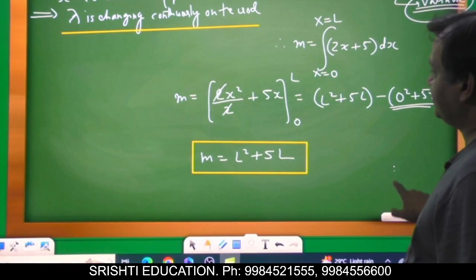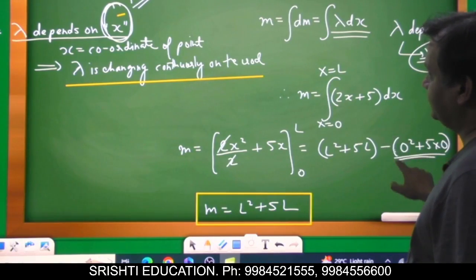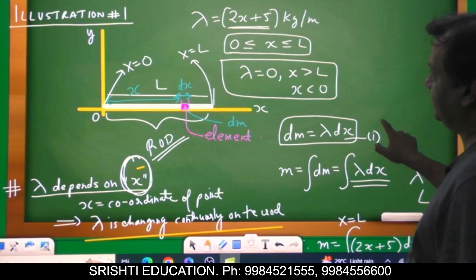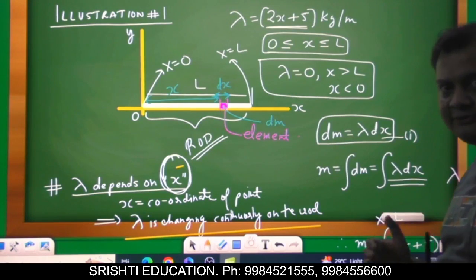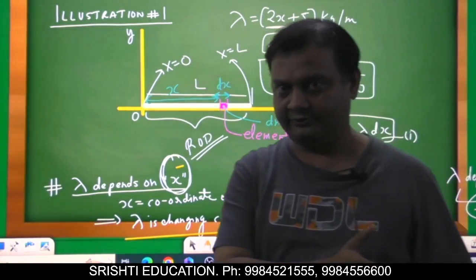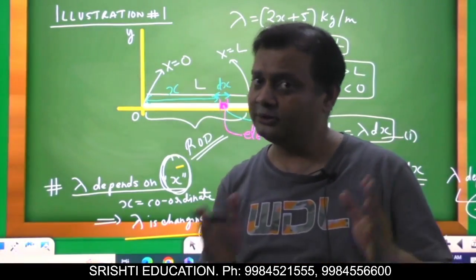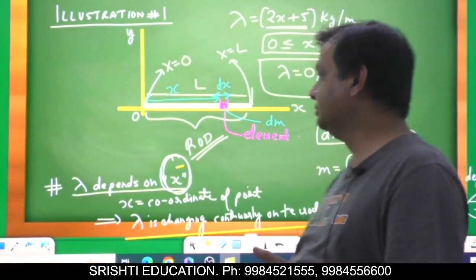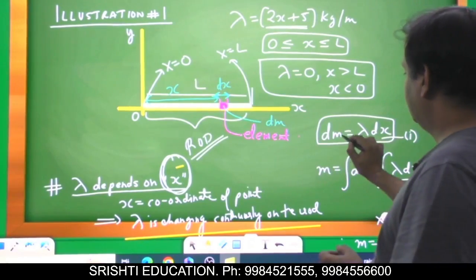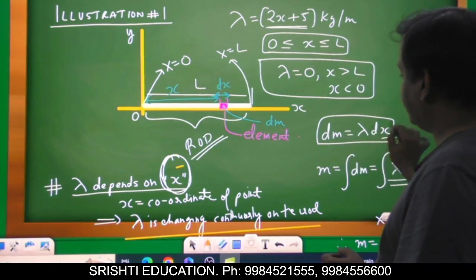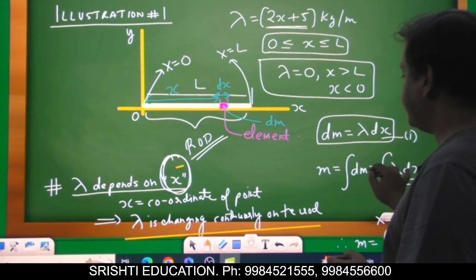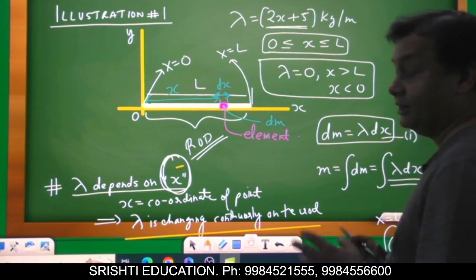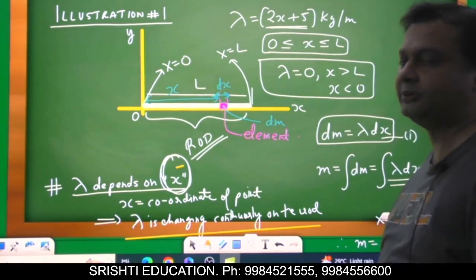So in this illustration we have seen a case where lambda is changing from one point to another point, and for such cases we will take the element and write dm as lambda dx, and then integrate dm to get the total mass, and in such integral lambda will not come out of the integral.